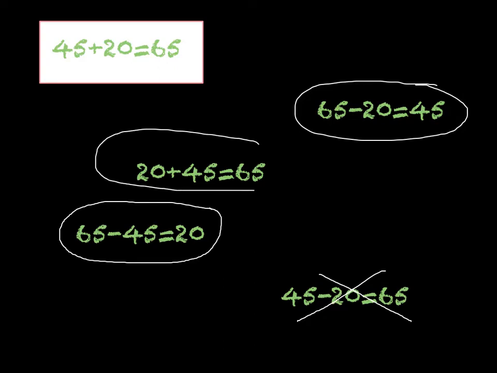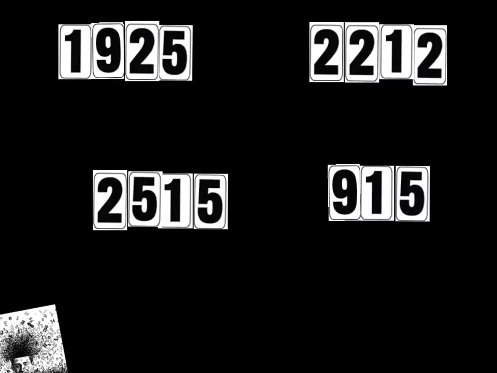So that is also an equivalent number sentence. So now I can see that on the page there are 4 equivalent number sentences. This one, which is an addition number sentence, and this one, which is also addition, and these ones, which are subtraction number sentences.